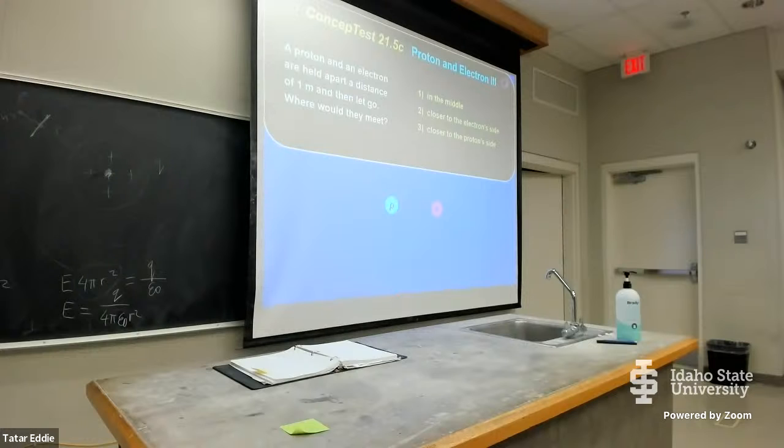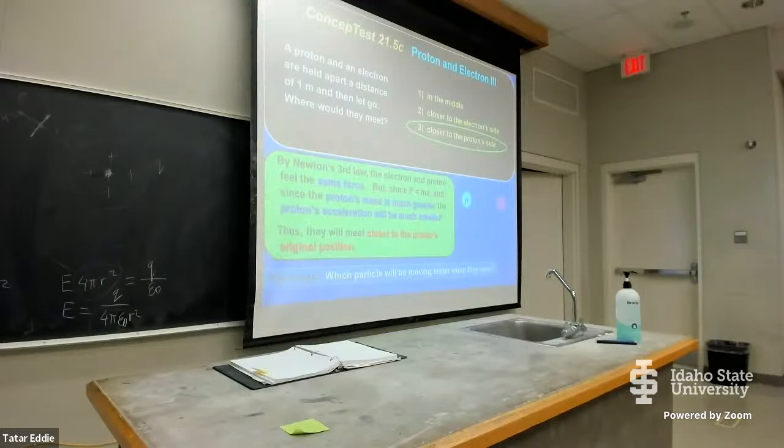The proton is barely going to budge. And they're going to collide very close to the proton. The follow-up question, which particle will be moving faster when they collide? Clearly, the electron, yes.